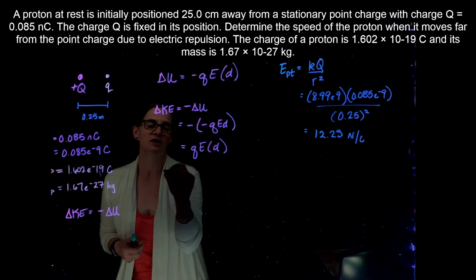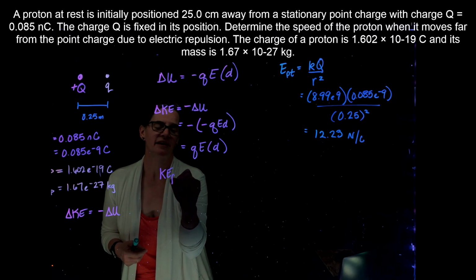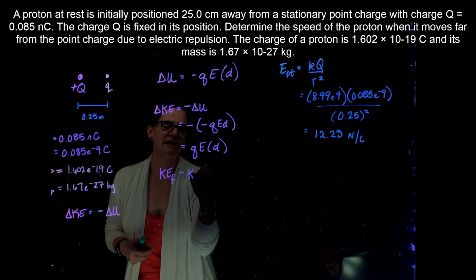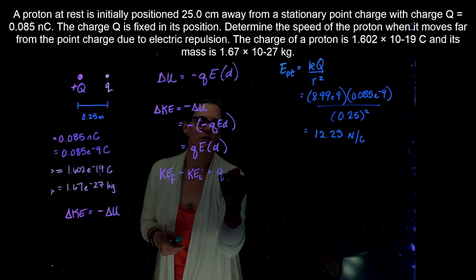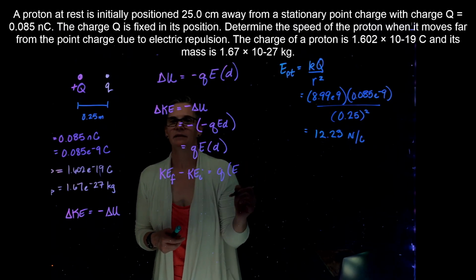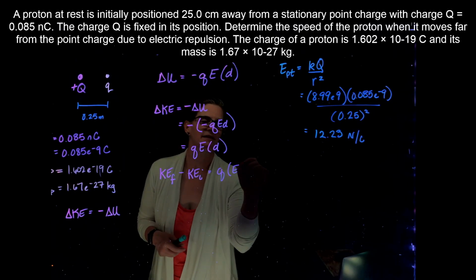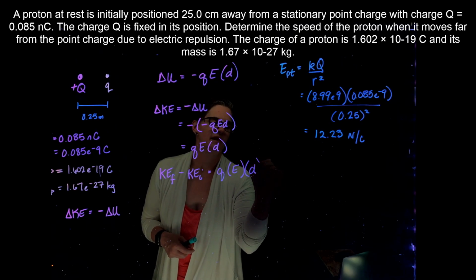So our kinetic energy final minus our kinetic energy initial is going to equal Q times our electric field times that distance D.